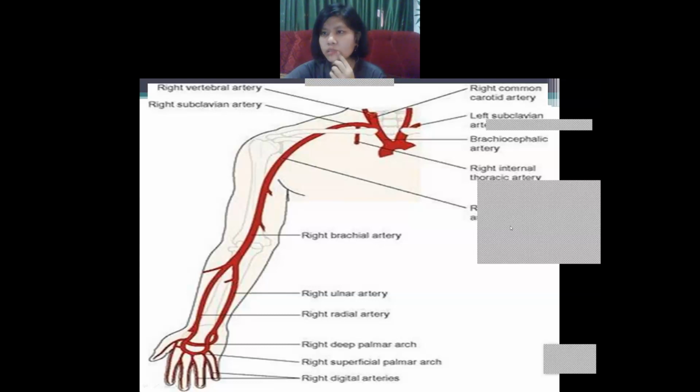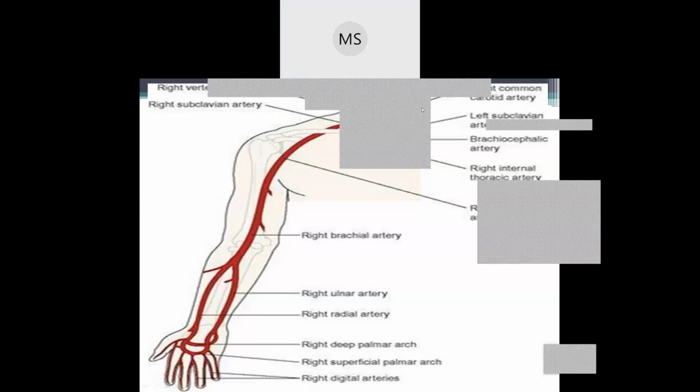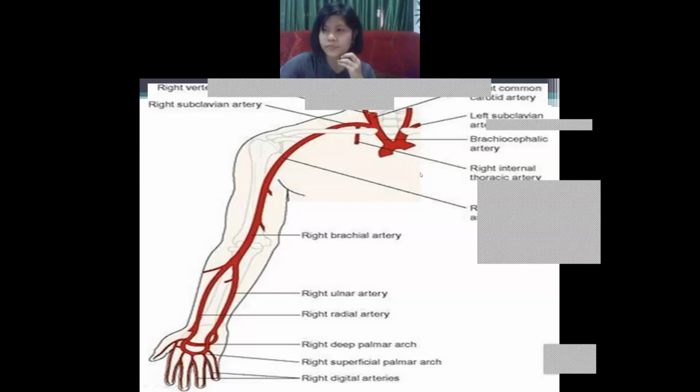Okay, Vaishnav Sheetal Singh. Yes, ma'am. Okay, where does the subclavian artery lie? This subclavian artery, right? You can also see from the picture itself, this one.